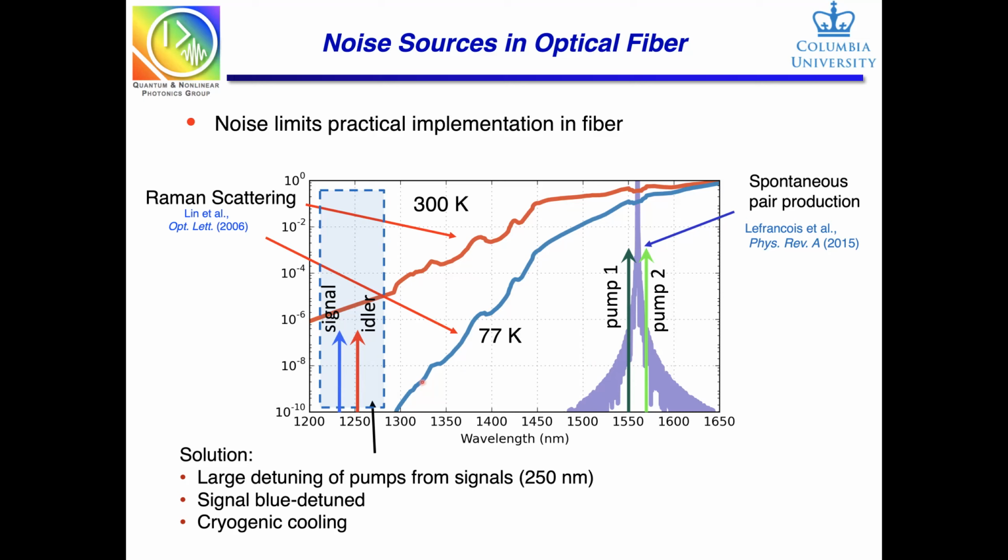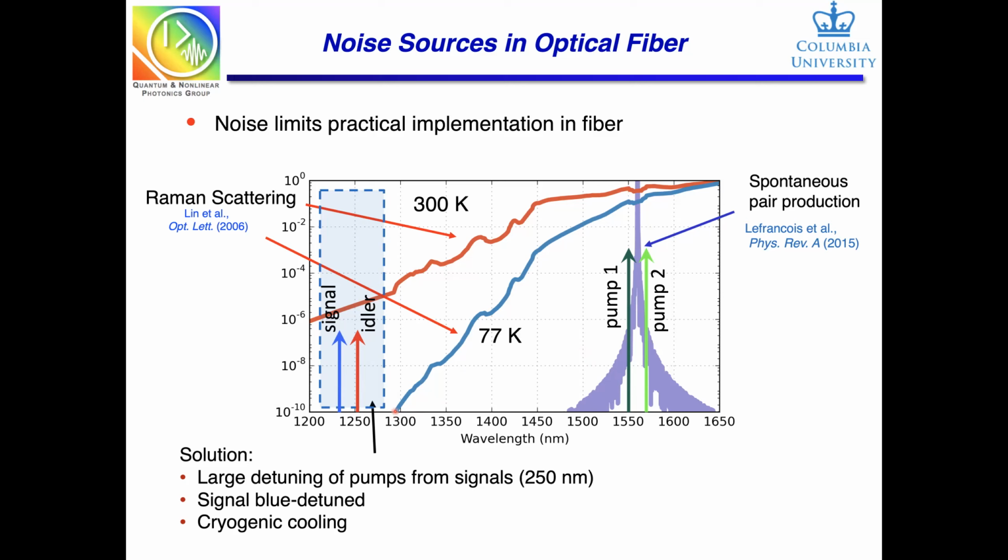The other one is Raman scattering. If you have these pump waves, then on the long wavelength side we have gain for Raman, so there are a lot of Raman photons there. On the short side you have fewer Raman photons because you're on what's called the anti-Stokes side, but they're still indicated by the red line. Even at room temperature, there's still quite a lot. So to eliminate that, we actually cool the fiber.